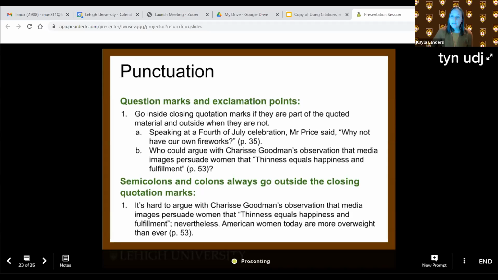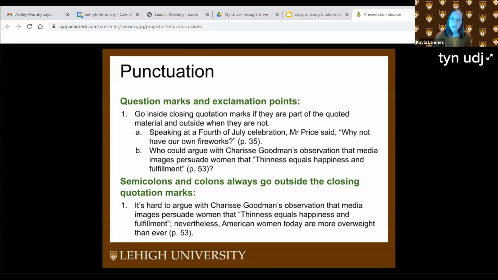Some variance here is when you have question marks or exclamation points, what do you do with those? This really is a question about whether that punctuation is part of the original quote. If the original quotation you're going to use was a question, then it does go inside the quotation mark. In example A, speaking at a 4th of July celebration, Mr. Price said, "Why not have your own fireworks?" with the question mark.